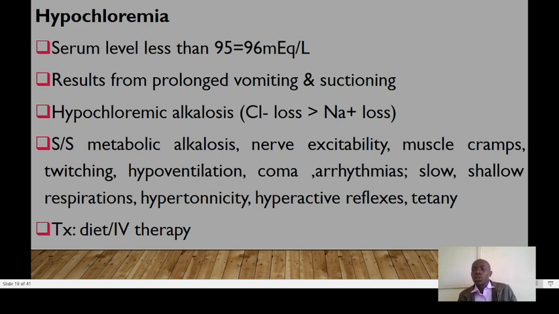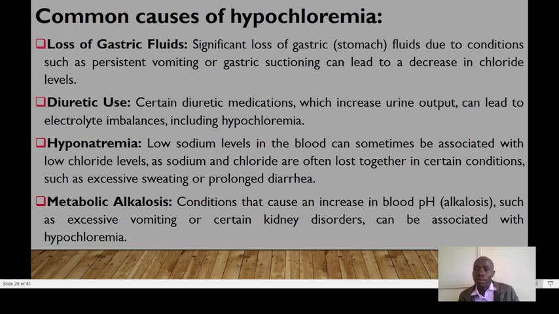In this case, we have metabolic alkalosis, nerve excitability, muscle cramp, twitching, hyperventilation, coma, arrhythmia, slow, shallow respirations, hypertonicity, hyperreactive reflex, and tetany. The treatment here could just be looking at the diet, and IV therapy for that case.